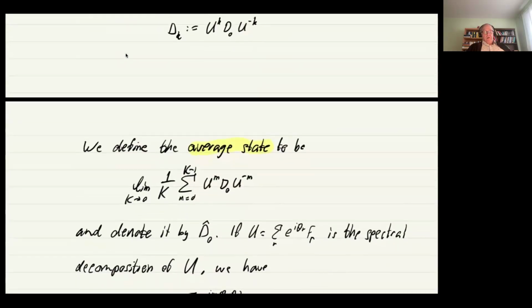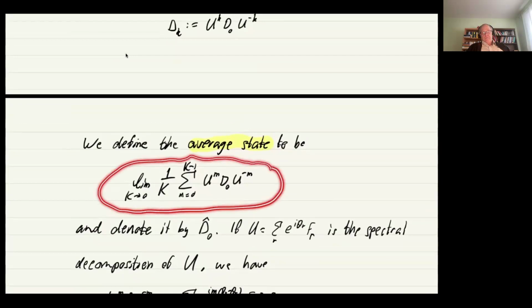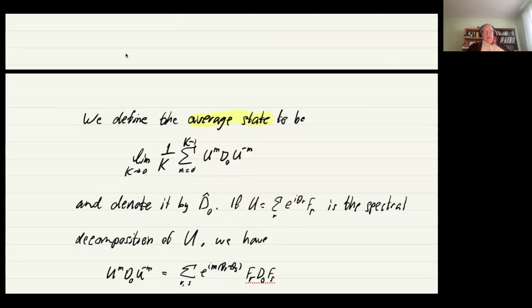And so we define the average state to be this. When we were dealing with the average states for continuous walks, we had an integral, a very similar form. And we denote the average state corresponding to D0 by D hat.